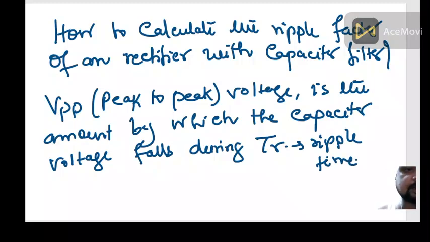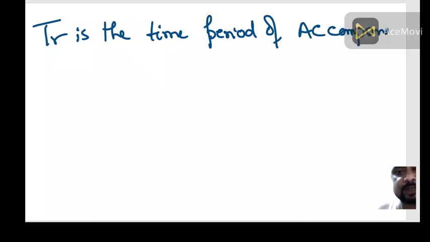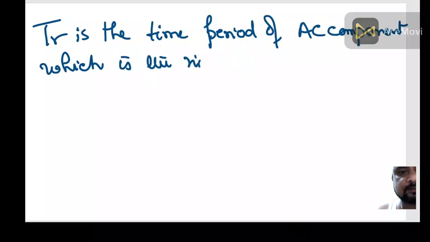TR is the ripple time. You can understand this ripple time since the ripple is an AC component. It is the time period of the AC wave. TR is the time period of the AC component, which is the ripple factor.